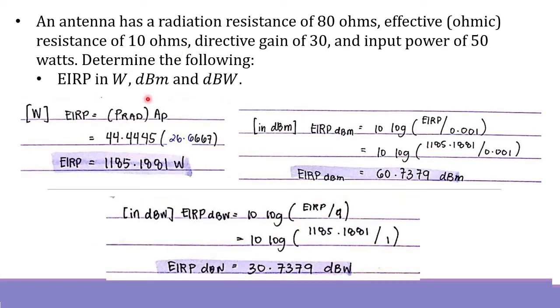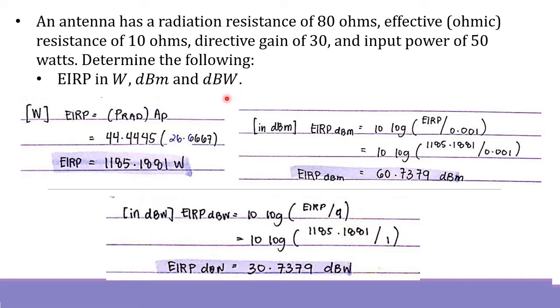Next is the EIRP, or again, effective isotropic radiated power in watts, dBm, and dBW. So for the EIRP, we have radiated power multiplied by power gain. So 44.4445 multiplied by 26.6667.